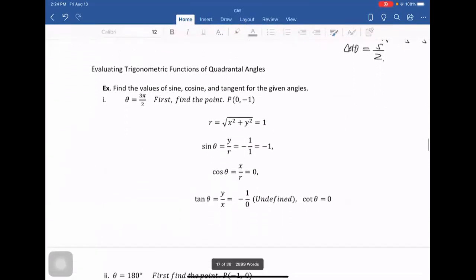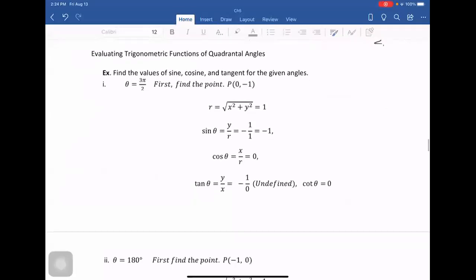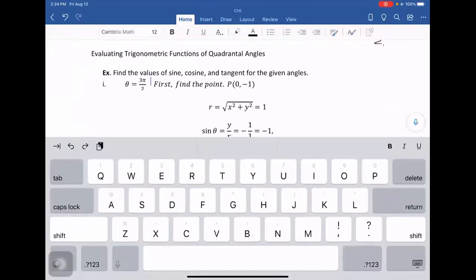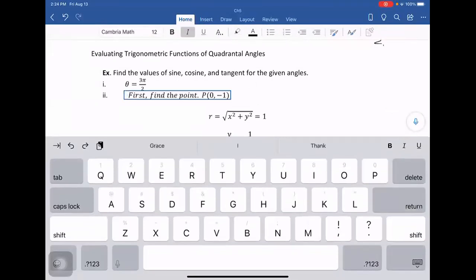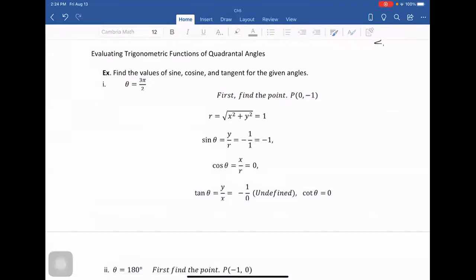Okay, let's continue evaluating trig functions of quadrantal angles. Find the value of sine, cosine, and tangent for the given angle. Right now, they gave us an angle.